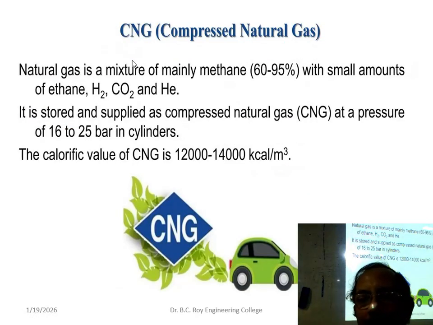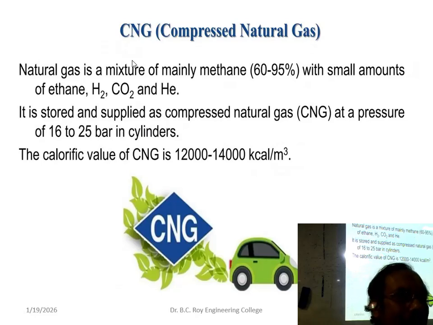Now, CNG, compressed natural gas, is mainly used here and there in autos. In the auto we are using this CNG, but there is one problem. The CNG pressure is not good enough. That's why those who are running autos have to fill up CNG very frequently.